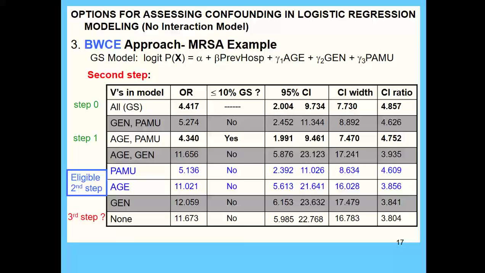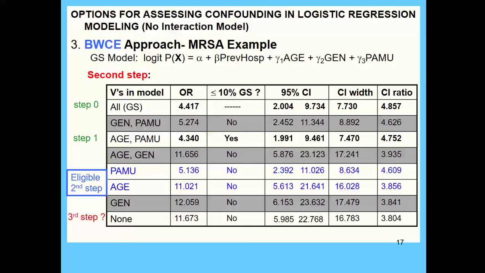Now, you're going to have to think about this, because this is an alternative way of shortcutting the process of doing all possible subsets. And it's nice because you're not doing everything, which might drive you crazy if you have 10 variables, but it might miss some subsets that you get if you look at everything.